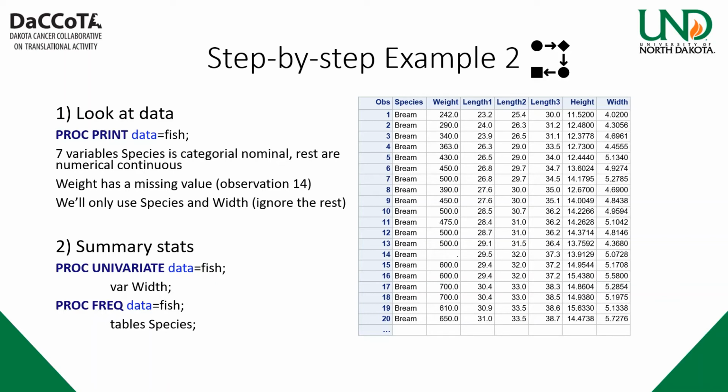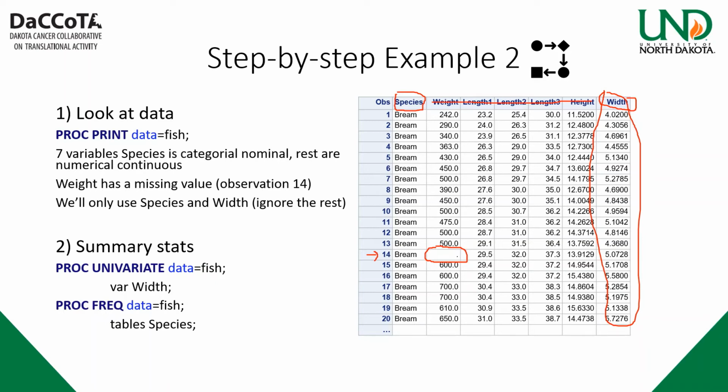And then these are all numerical continuous. And one important note we see here is that weight has a missing value at observation 14, which is good to know. Now, it won't actually affect our analysis because we're just using width, and they have all the variables there. And so we're only going to use species and width, and we're going to ignore the rest.